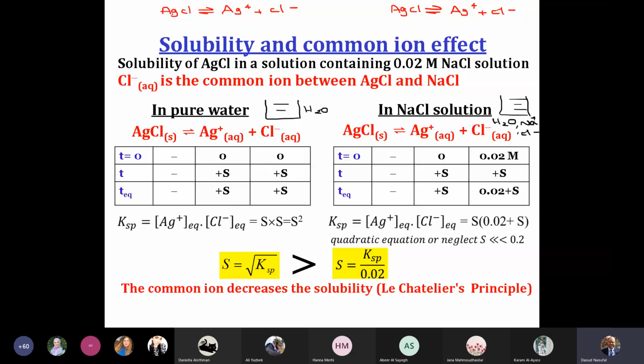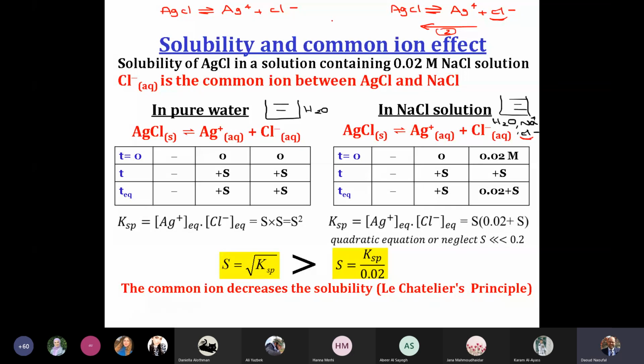In the first solution, we have AgCl that will dissociate to Ag plus and Cl minus. In the second, the AgCl is dissolved in a solution containing Ag plus and Cl minus. So in the case of AgCl in NaCl solution, the equilibrium will shift backward. Why? Since Cl minus is provided initially by the solution of NaCl. What is the meaning of the equilibrium shifting in the backward direction?